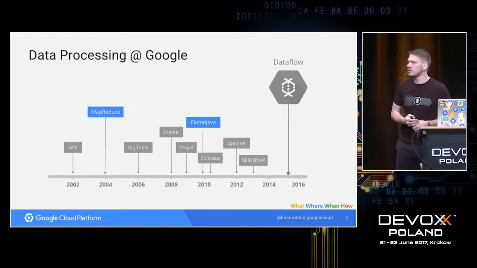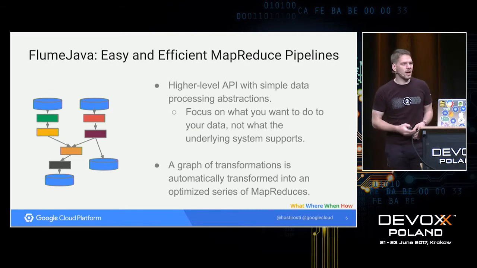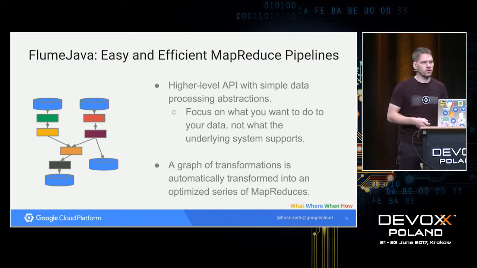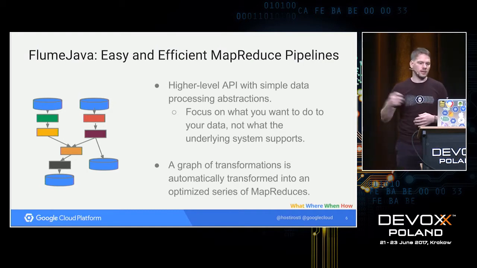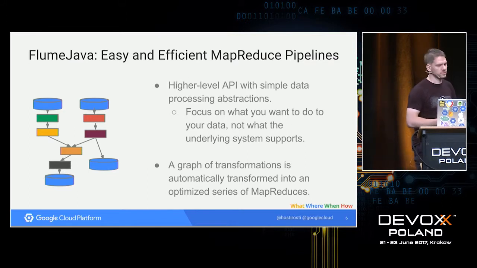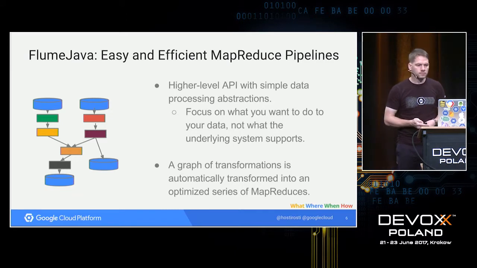And there is where FlumeJava comes in, where we built a Java API around building these data processing pipelines. It's a higher level API that makes it much simpler to deal with input sources, processing, and then outputting, in multiple steps. So it's basically cross transformations that you can do in a series of MapReduce jobs.